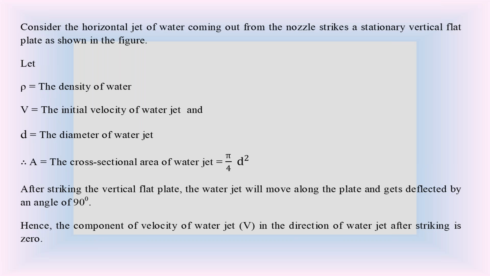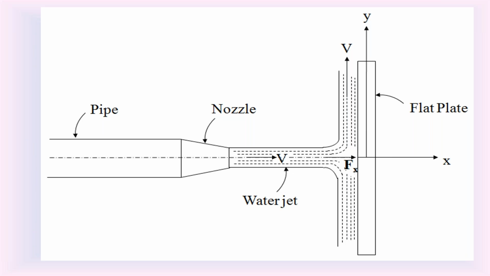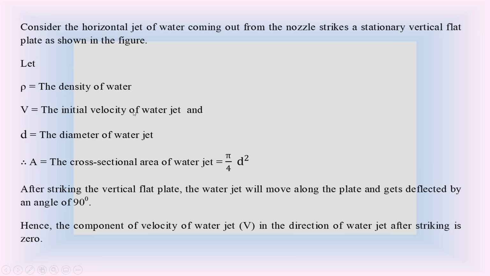D is the diameter of the water jet. So the area of the water jet, A, is equal to pi d square by 4.